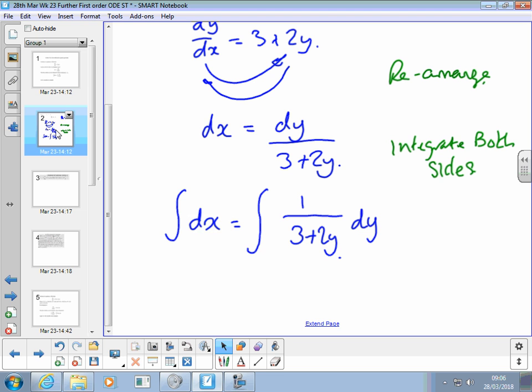We've got one fraction, so it's not separated fractions, is it? Substitution is the one.